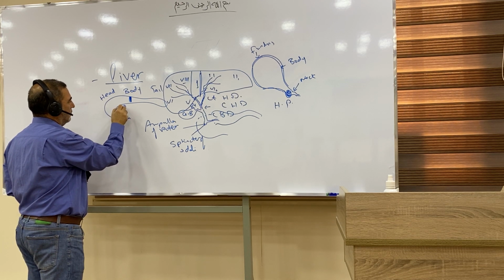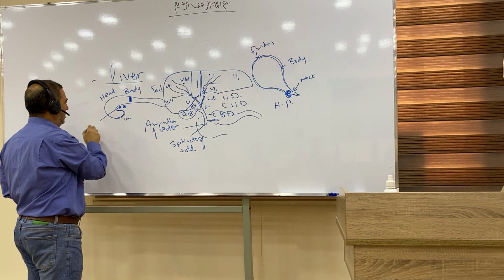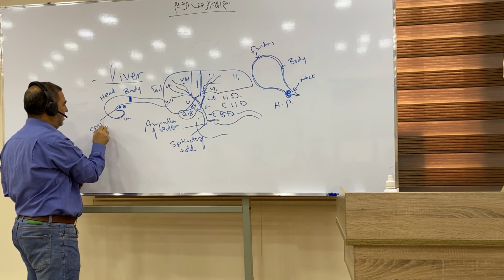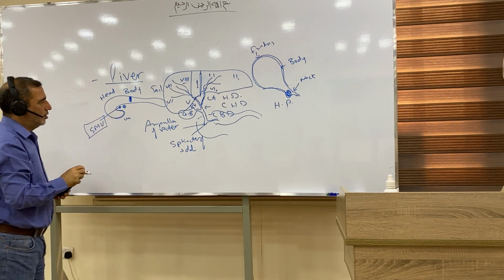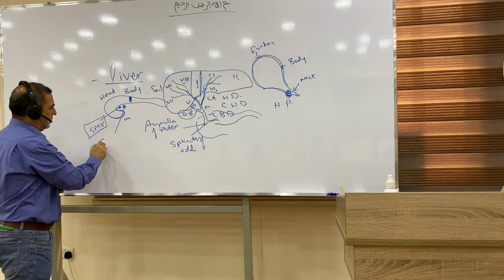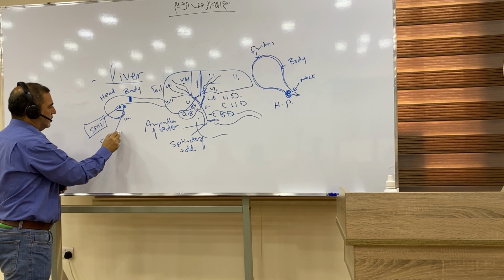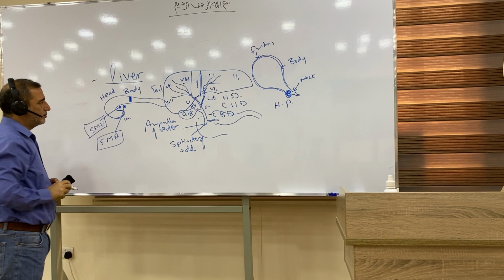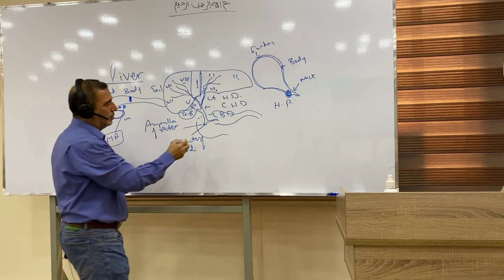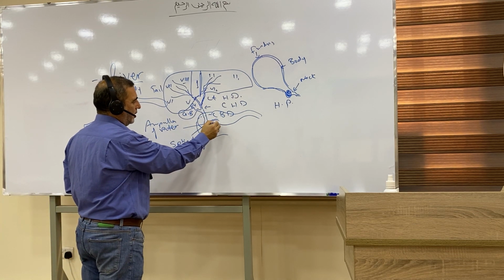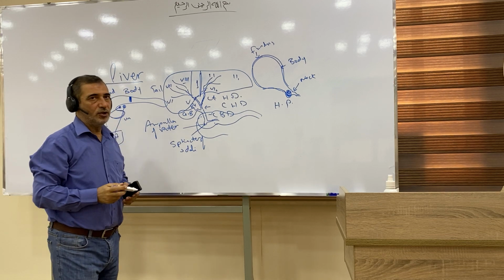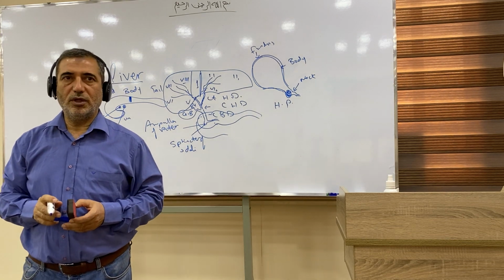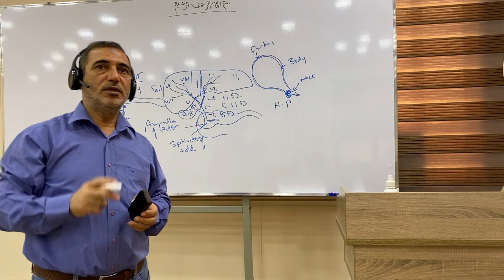Here there are major vessels, the SMV, superior mesenteric vein, and SMA, superior mesenteric artery. So that's the head of the pancreas in relation to the duodenum, second part of the duodenum. You are seeing this in the picture.